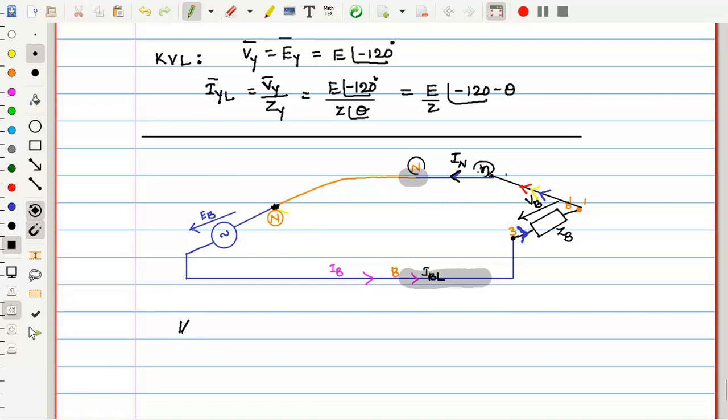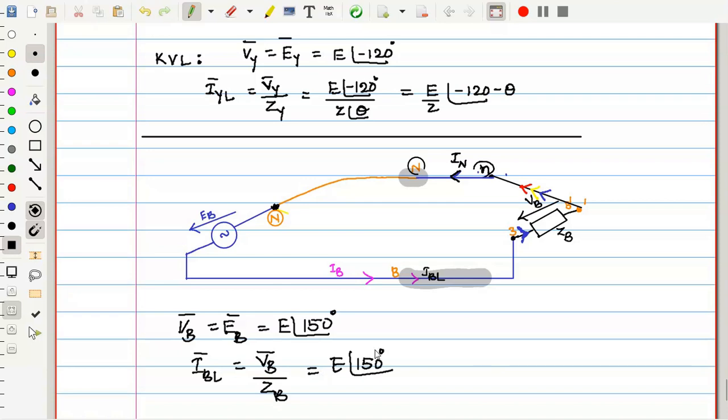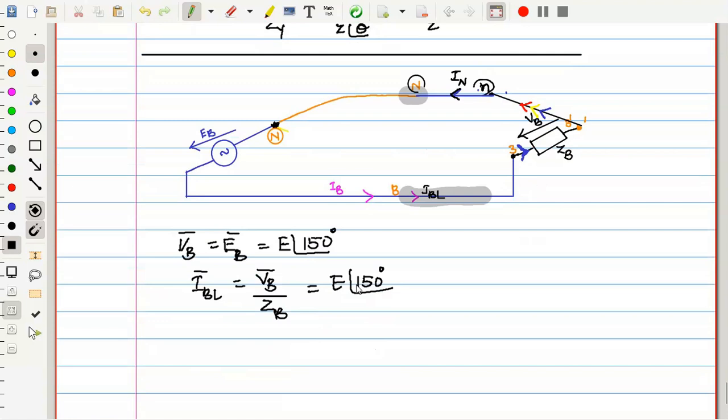VB is equal to EB is equal to E at an angle of 150, and IBL is equal to VB divided by ZB is equal to E at an angle of 150 divided by Z at an angle of theta. So this is equal to E by Z at an angle of 150 minus theta.